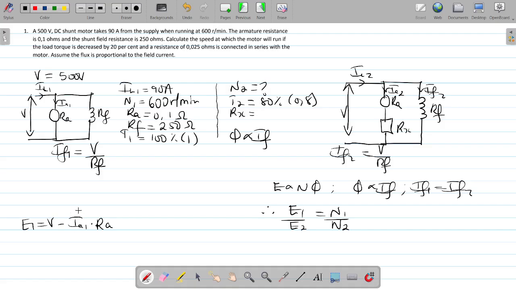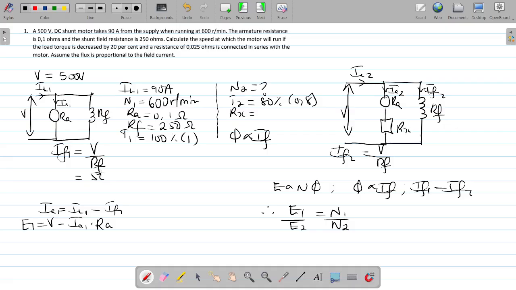So we need to find IA1. It's a shunt circuit. So let's start. Our calculation actually starts from here. They did not give us IA1. We're going to say IL1 minus IF1.